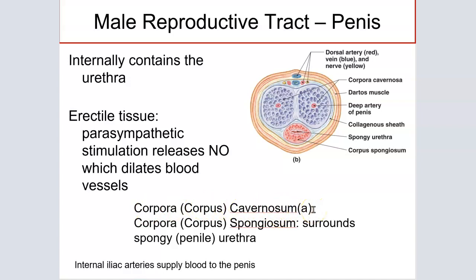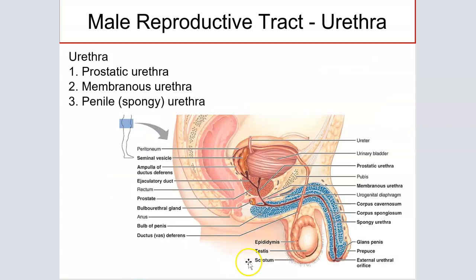It doesn't matter to me. The other one is called the corpora spongiosum. If you think of the spongy urethra or the penile urethra, if you call it the spongy one, you'll remember this one's right around the urethra. And then the cavernosum, right? Cavernous, very, very big. So in this view, the corpora spongiosum directly surrounds the urethra, where the cavernosum is out here. It's much bigger. But both of these are erectile tissue.